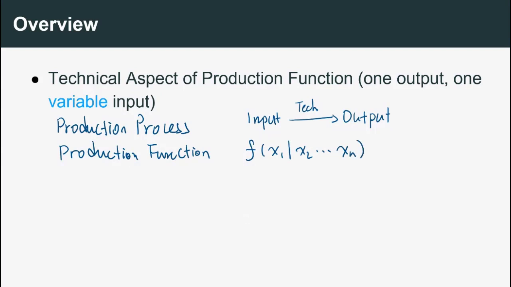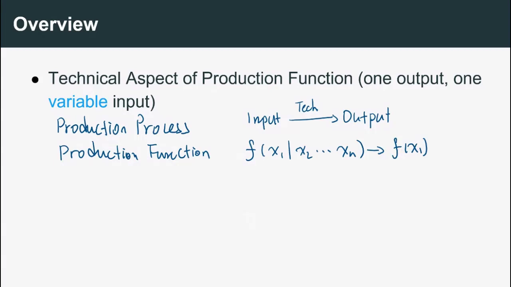Here x1 is variable and x2 to xn are fixed, and for notation convenience we just write this short-run production function as f(x1).